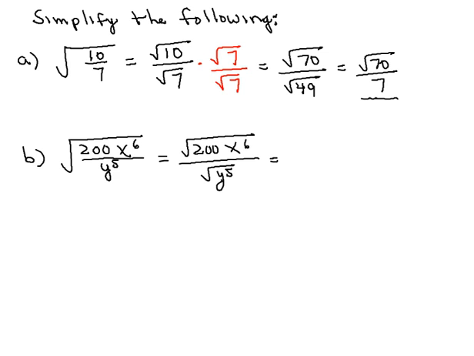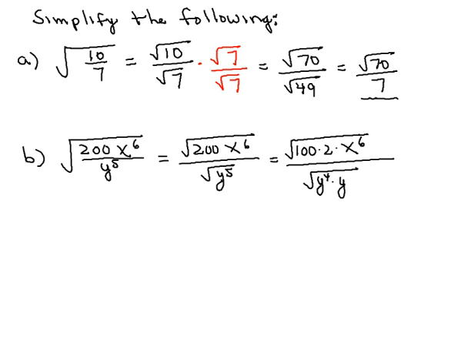So we'll be looking in the numerator for factors that are perfect squares, and I think you'll agree that the 200 can be broken down into 100 times 2, and the x to the 6th is already a perfect square. And in the denominator, we can rewrite that as the square root of y to the 4th, then times y.